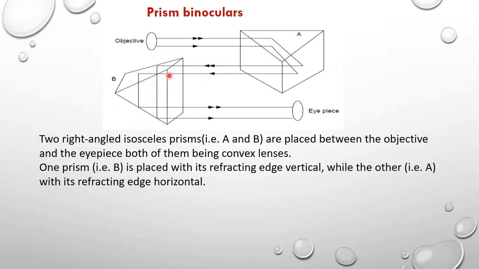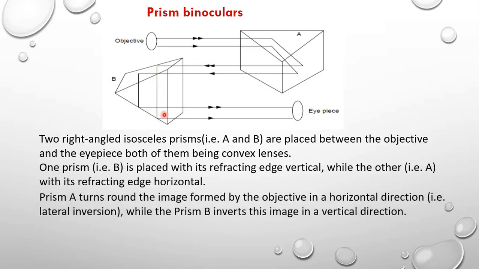Then the image which has now been formed, after inverting the image from A vertically, is at the principal focus of this eyepiece.